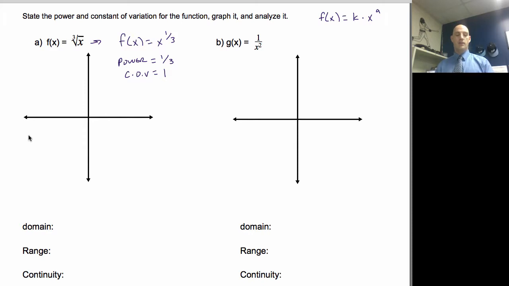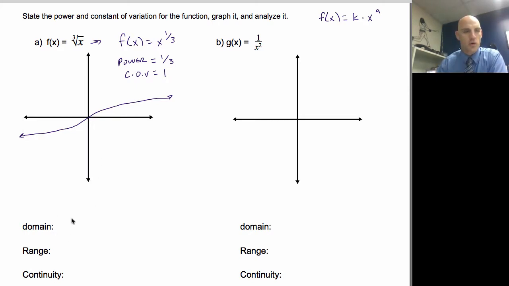I'm going to graph either the cube root or x to the 1/3 power. Looks like this. It's not a coincidence that it looks like an x cubed on its side because it's x to the 1/3, but we'll discuss that at some other point.